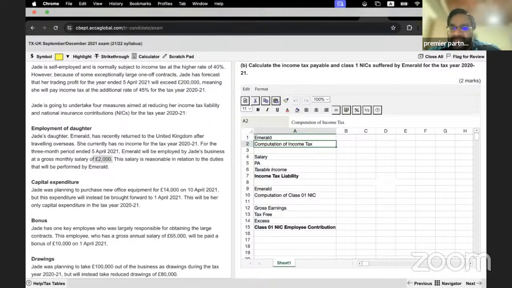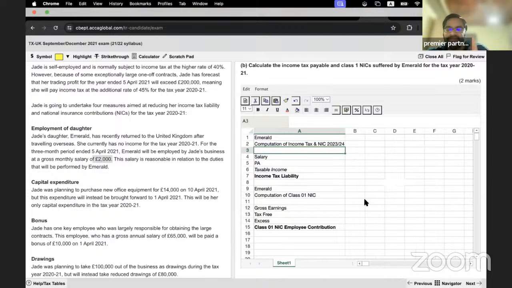So we are going to compute the income tax and for which period. Now we are going to compute based on the provisions for 2023, 2024. So I'm saying computation of income tax, let's say an NIC, for 2023, 2024.